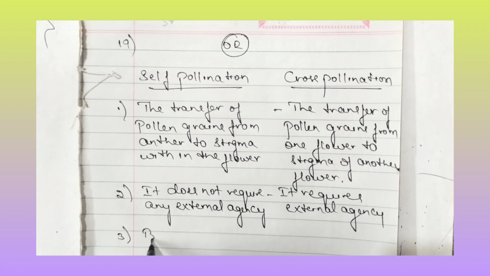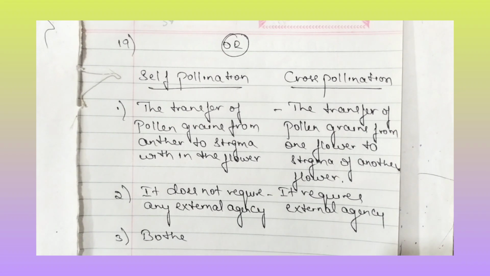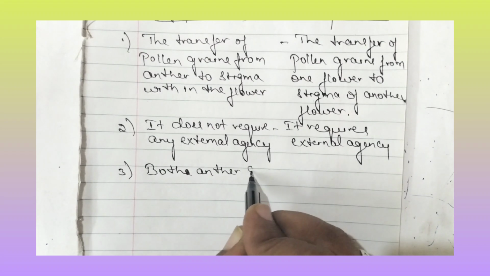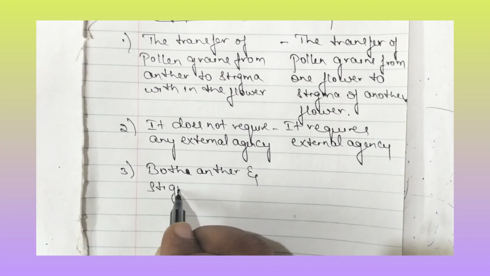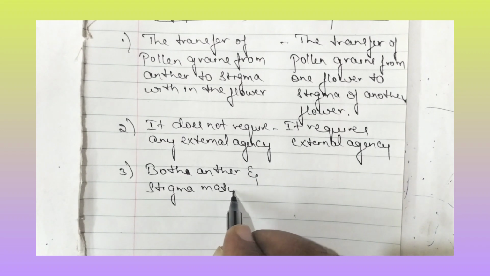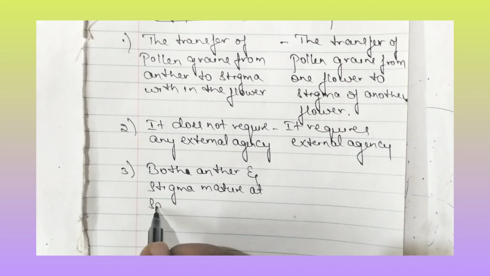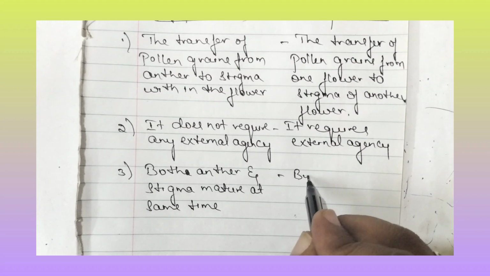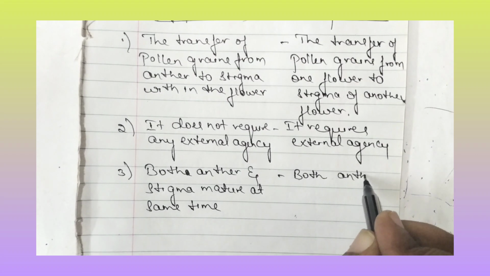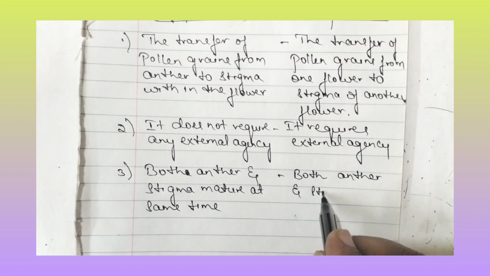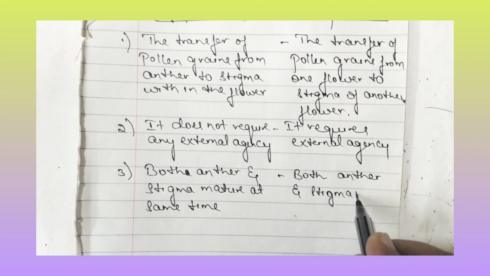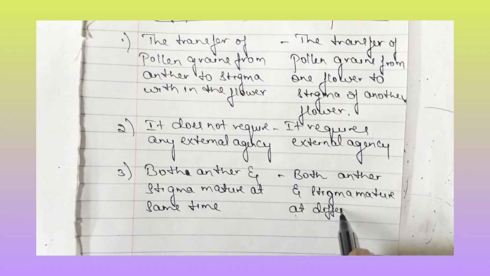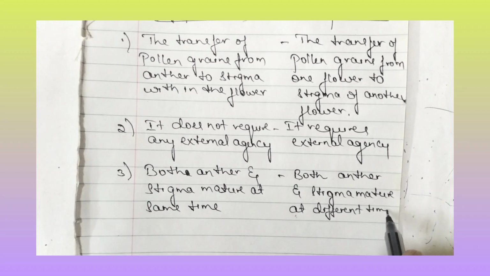The third difference between self-pollination and cross-pollination is that in self-pollination both anther and stigma mature at the same time. In cross-pollination, both anther and stigma mature at different times.